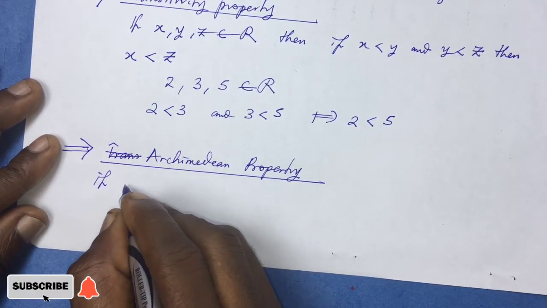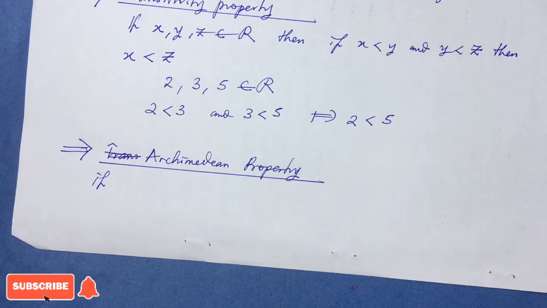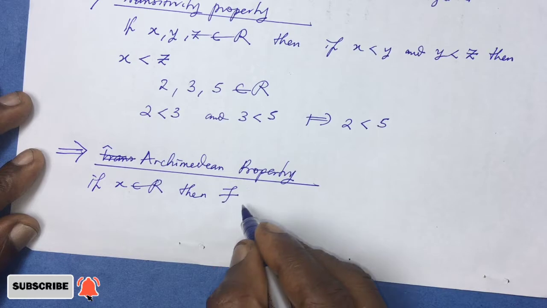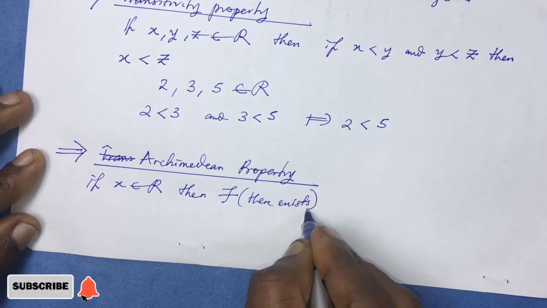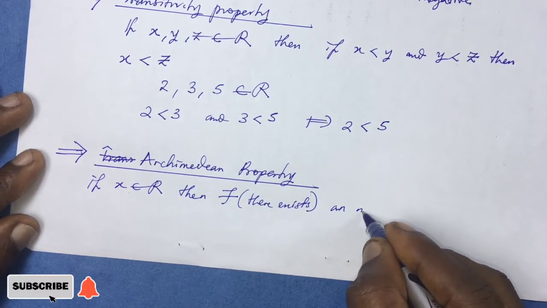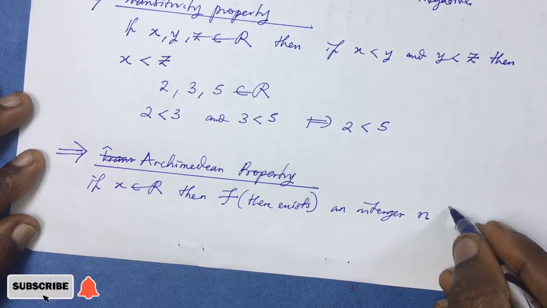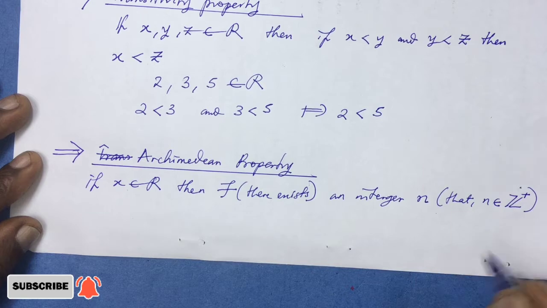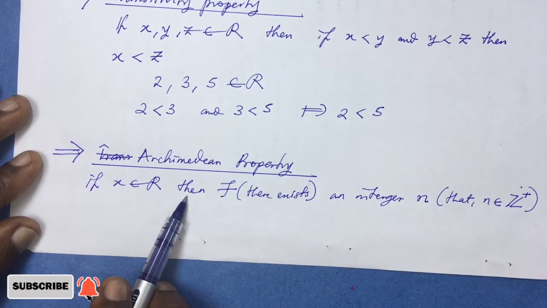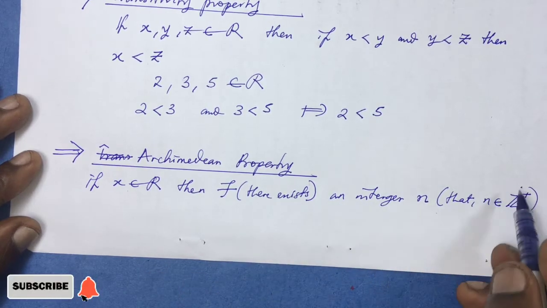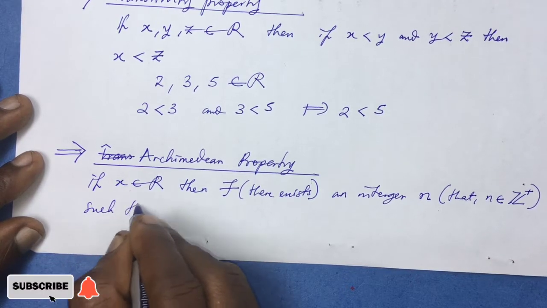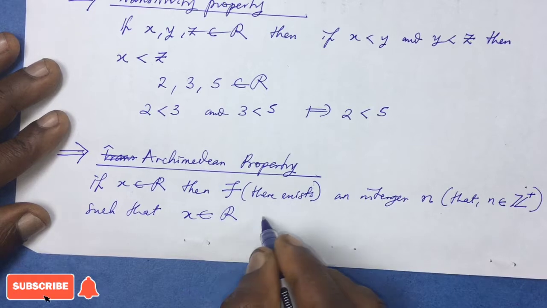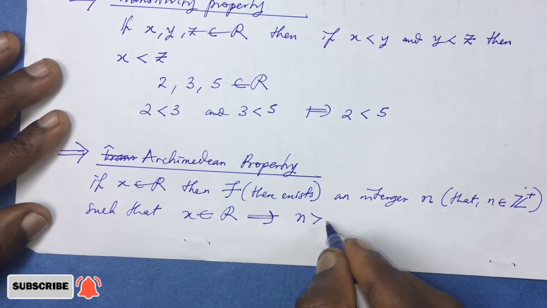The property says that if x is a member of R, then there exists an integer n, that is, there exists an n that is a member of the positive integer number system, such that n is greater than x.